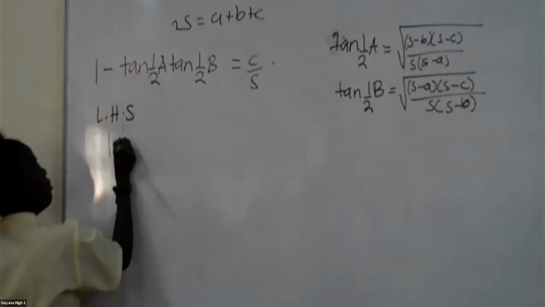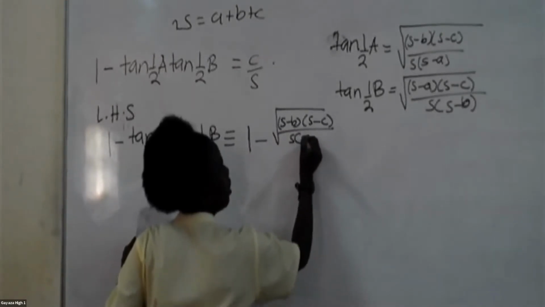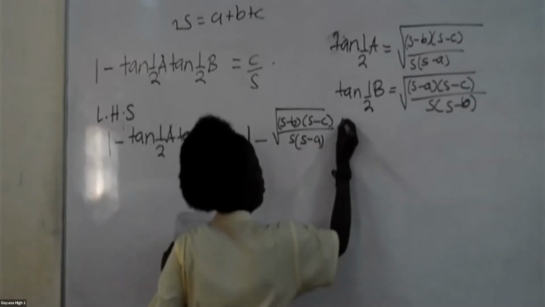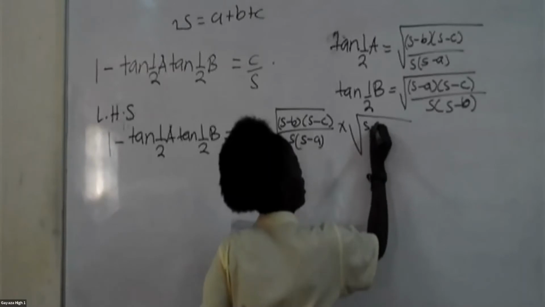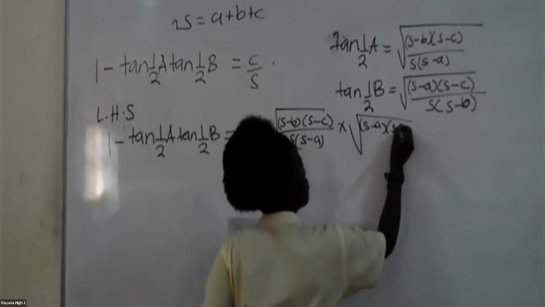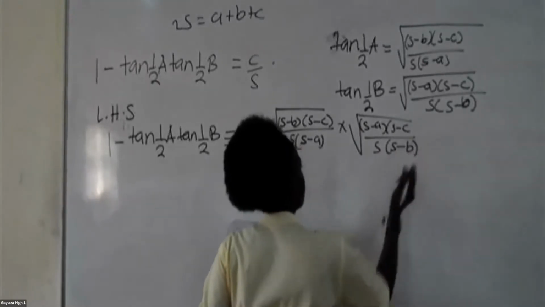tan a half of B will be 1 minus square root of s minus b into s minus c out of s into s minus a, times square root of s minus a into s minus c out of s into s minus b.